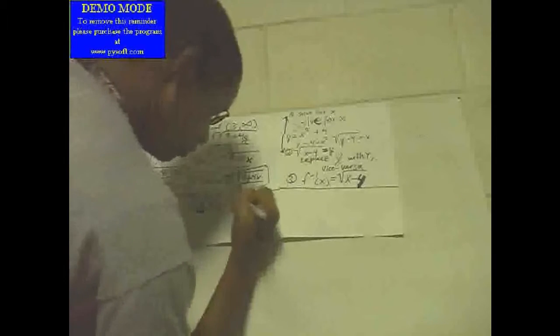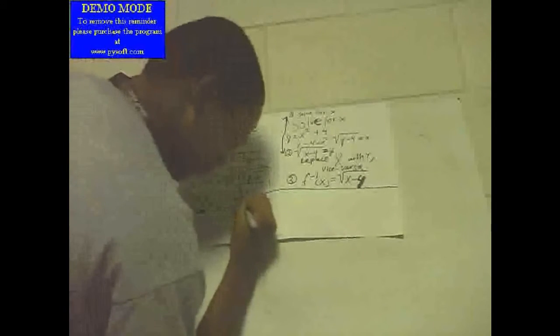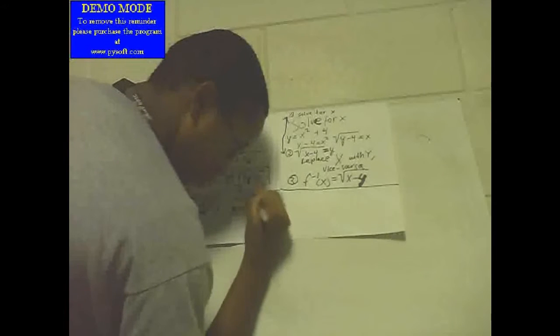So we have x equals y cubed plus 7. We want to solve for y so we get it back in our y form. So x minus 7 equals y cubed.